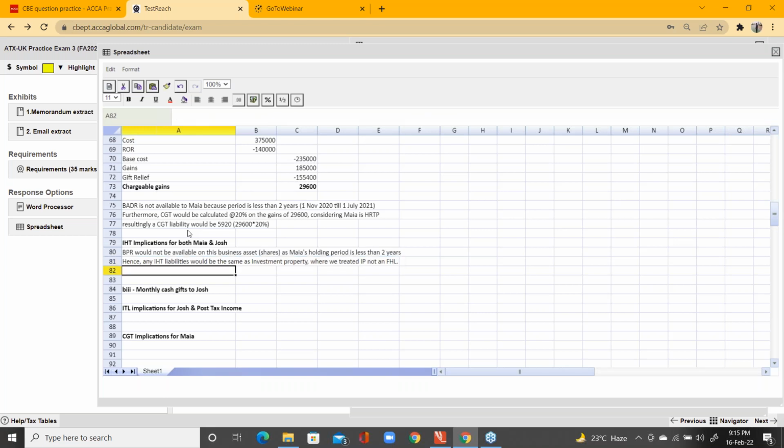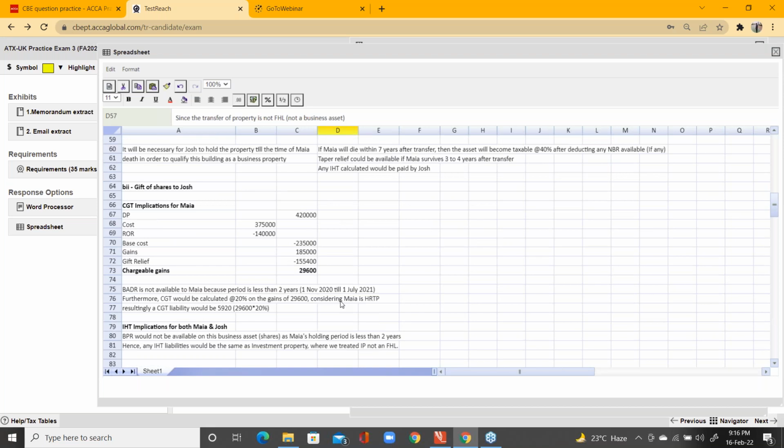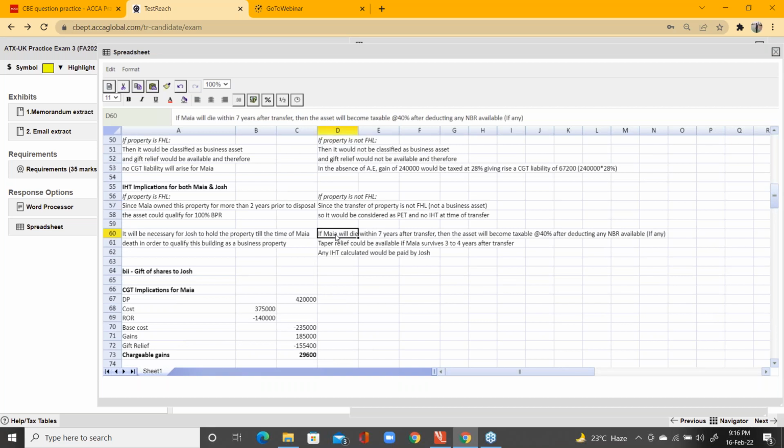Save your time. Now basically you have answered this question by referring to the other part of the question. As we are not considering this property as FHL, even it's not a business asset. So even if the shares are a business asset, the holding period is less than 2 years, so BPR would not be available, and this transfer of shares would be considered as a PET, and there would be no IHT.